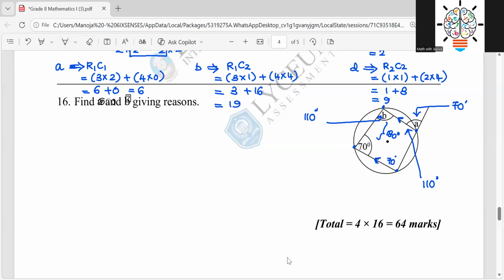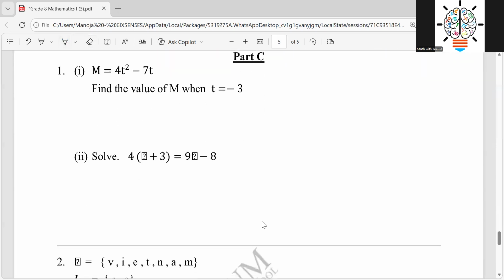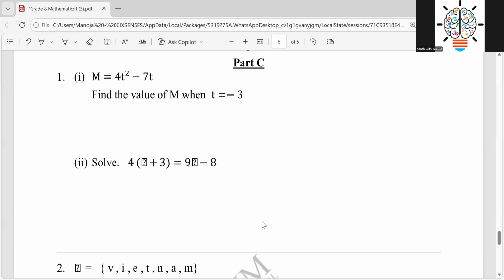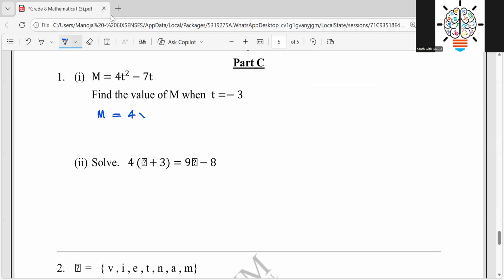Okay, so then we will move to the next question. Find the value of M when t is equal to -3. M is equal to 4 times t times t minus 7 times t.